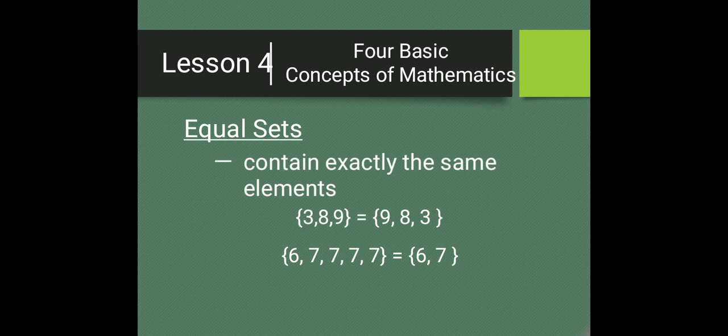Yes, they are still considered to be equal sets because may 6 si set A, may 6 din si set B. And kahit pa ulit-ulit na sinulat ang 7 sa set A, it is considered pa rin na one element. Kasi, again, kapag paulit-ulit na sinulat yung element sa set, considered pa rin yan as 1. Okay? So, may isang 7 si set B at may 7 din sa set A, kaya considered pa rin na equal yung sets na yan.